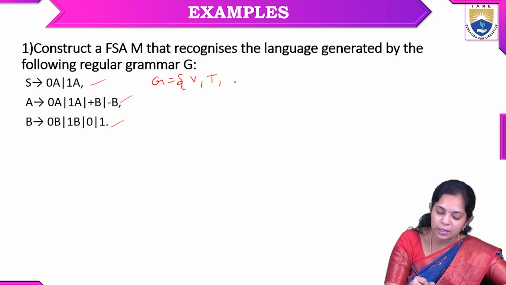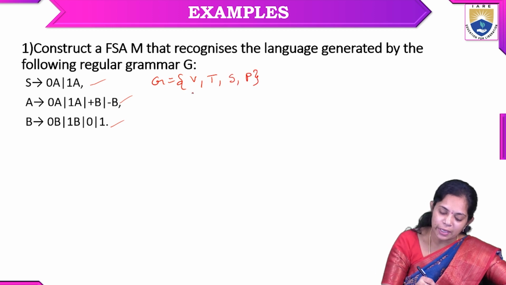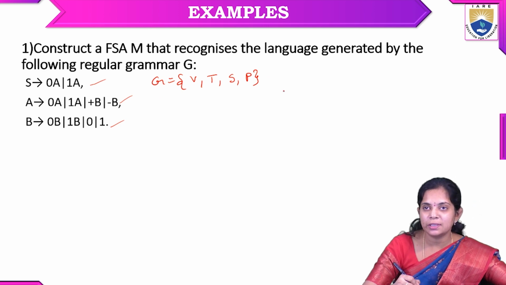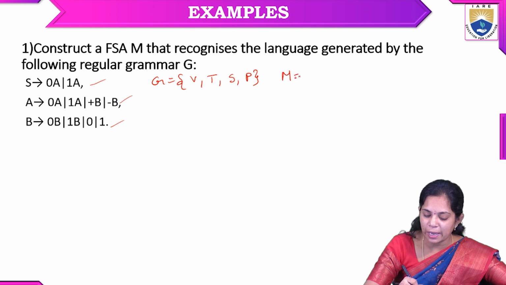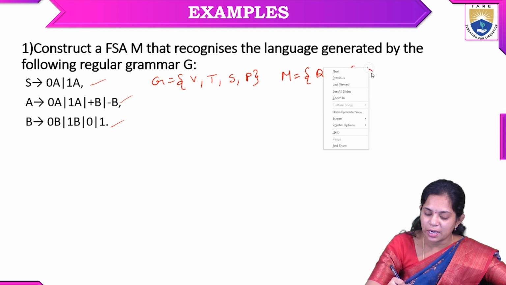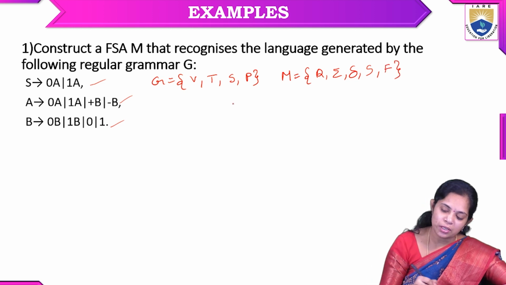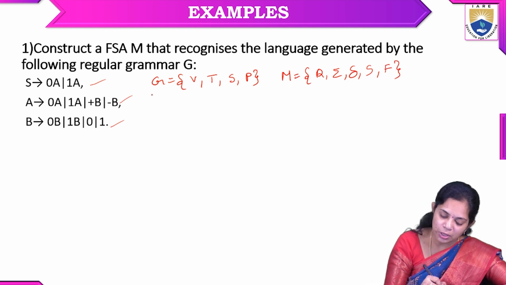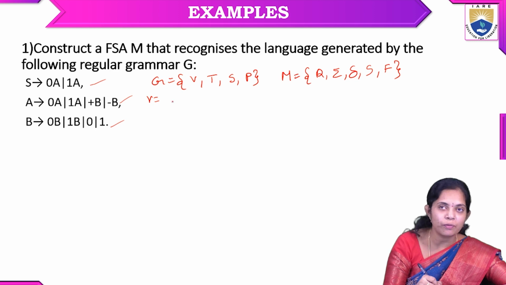V, T, S, comma P. Here we have to equate this with the finite automata tuple, M, which contains Q, sigma, delta, the starting state and the final state. So V is nothing but the set of non-terminals.